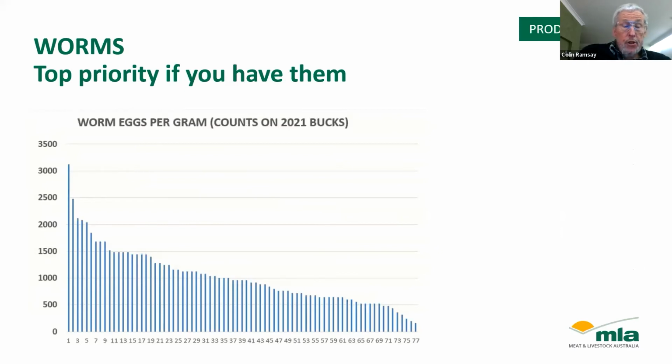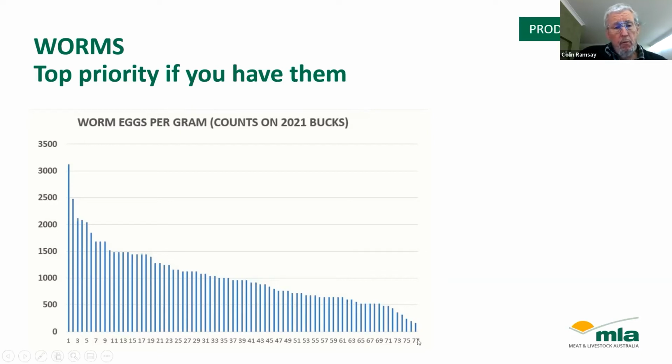Here is worm resistance in one mob of our bucks. These are actually the Dormant Park bucks. It always staggers me, this chart, so I just put it up like this. These are raw worm counts, which will come through in the worm egg EBV as well. But these animals have all run together.